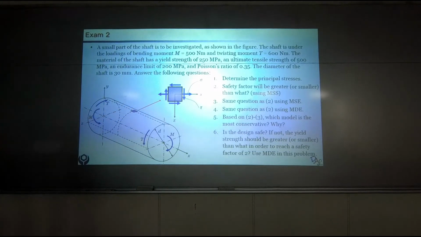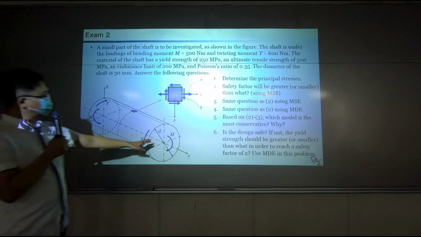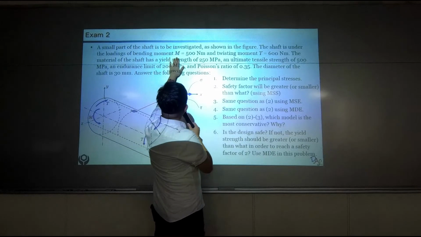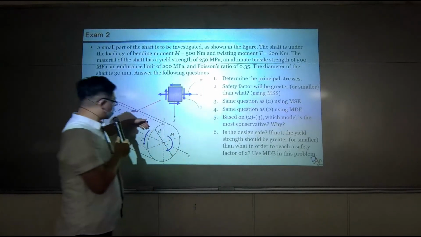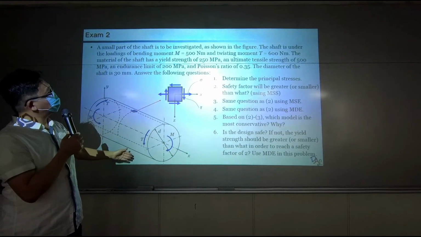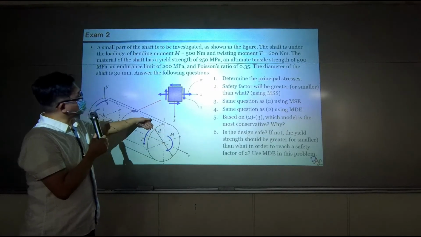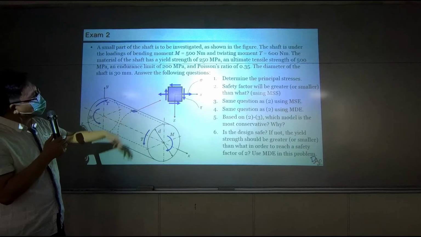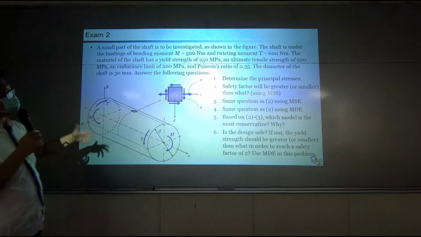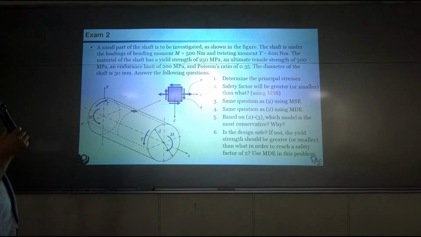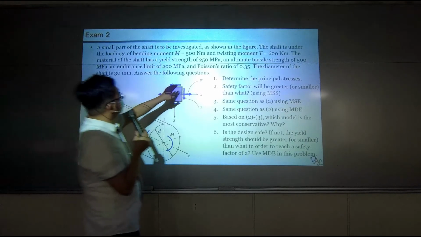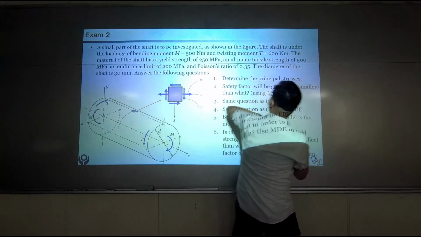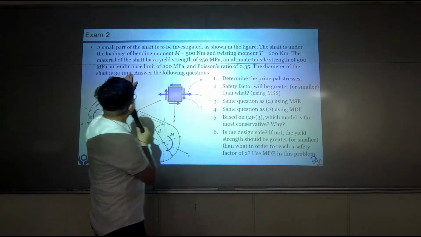It tells you how much bending stress it is carrying, and also how much twisting moment, a bending moment and twisting moment, basically torque. It tells you how much bending moment and torque this shaft is carrying, and it tells you the yield strength, the ultimate tensile strength, and endurance limit.